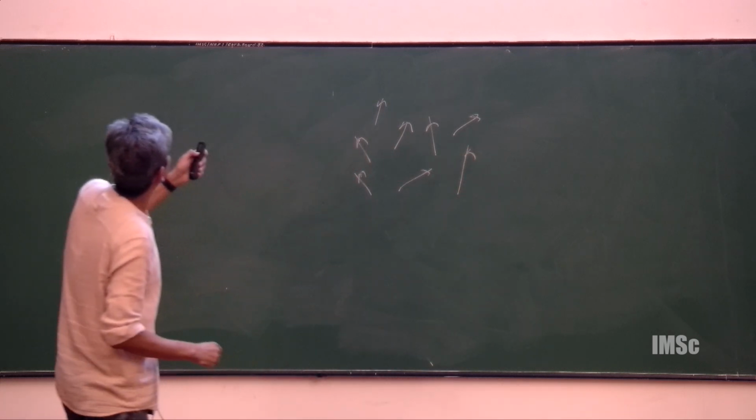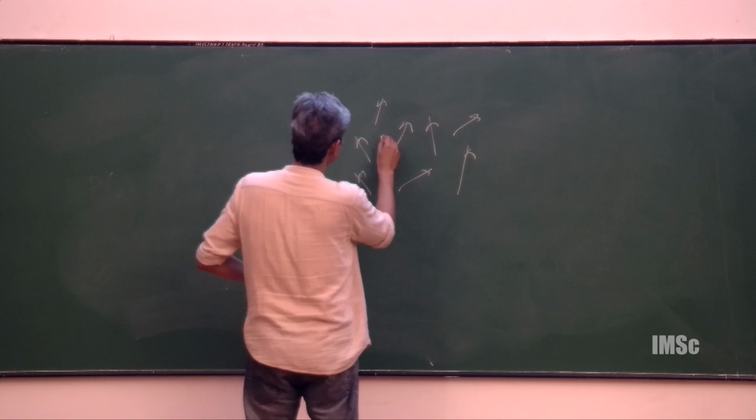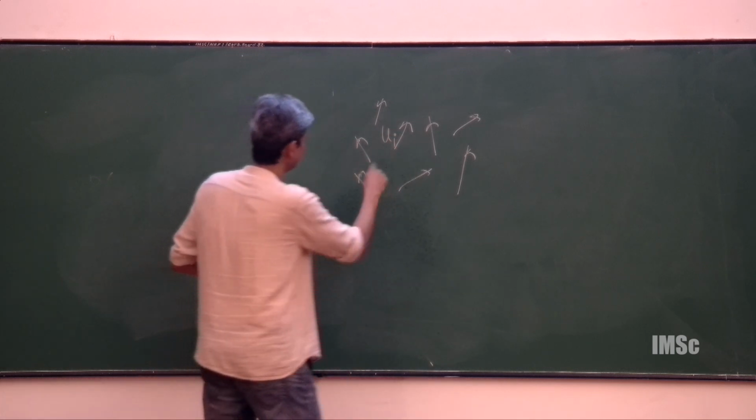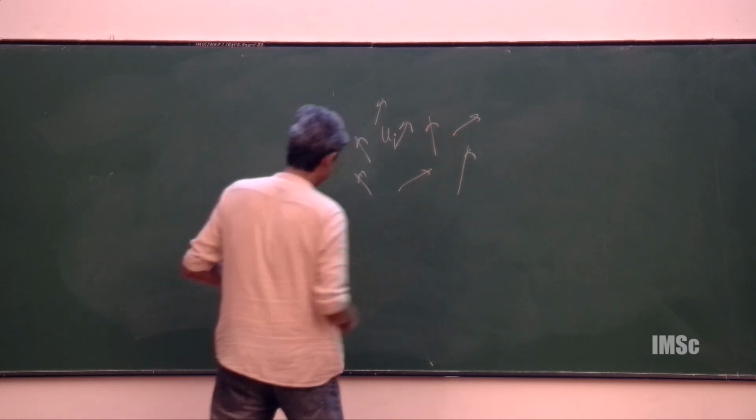So you are looking at particles which are moving in various directions. Each particle has a speed u_i, where i is the index of the particle. So this is u1, this is u2 and so on.